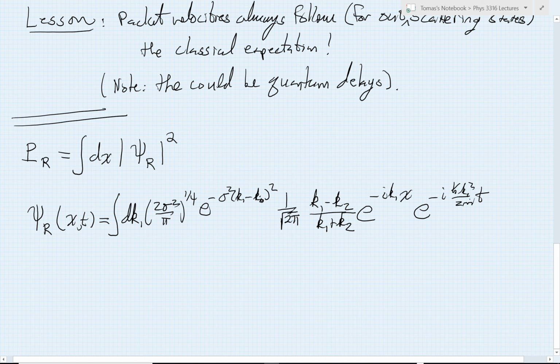And then, though, I have to deal with this function that's multiplying that Gaussian. That makes it even worse. This could start to get pretty bad. And then my reward for doing this nasty Fourier transform is going to be then to square that nastiness and then do another integral of it. So that doesn't seem necessarily like the best option. That's something we could do, but we might want to look for another approach.